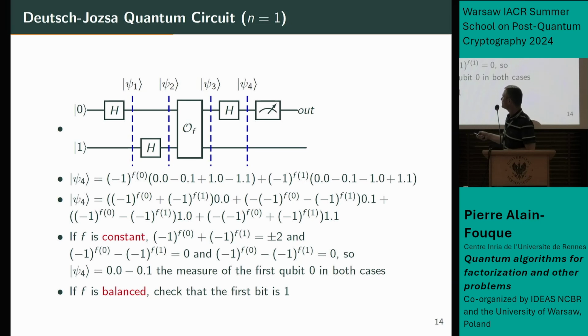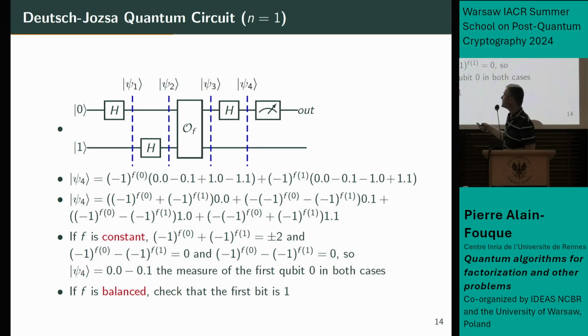And if f is constant, you can see also that this value is 0 and this value is 0 also. Okay, so you can see that if f is constant, both of these terms will cancel out, and you will only have a qubit state which is described by the first two basis vectors.